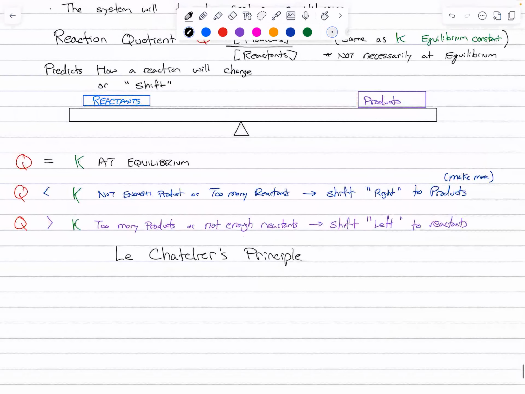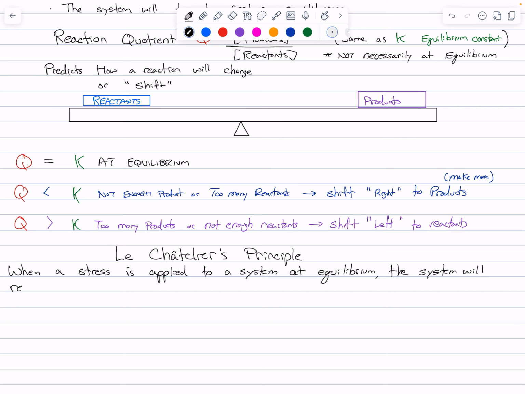principle. Now, his principle says when a stress is applied to a system at equilibrium, the system will respond by shifting in a direction that minimizes the effect of the stress.